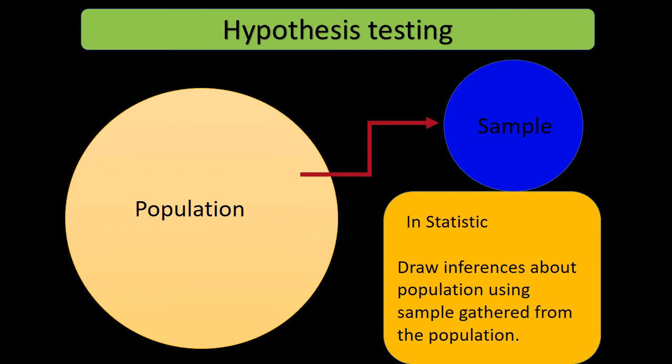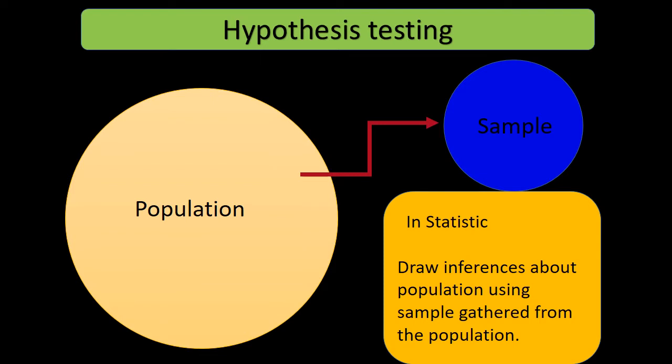We get some particular conclusion about the population with the use of the sample. Therefore, in statistics, we draw inferences about the population using a sample gathered from the population. The sample may tell something about the population when we are doing research.